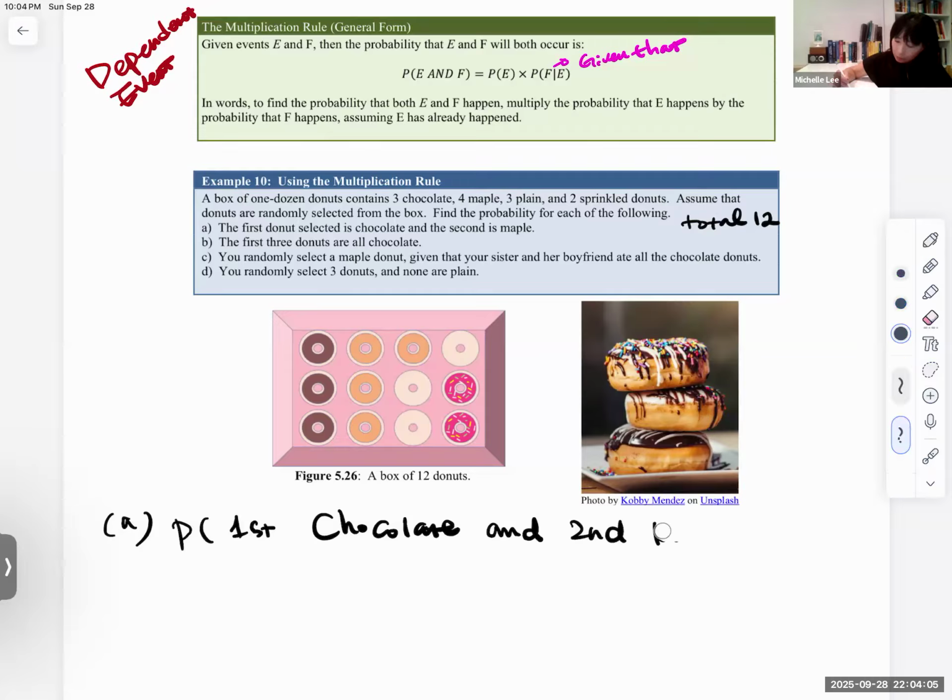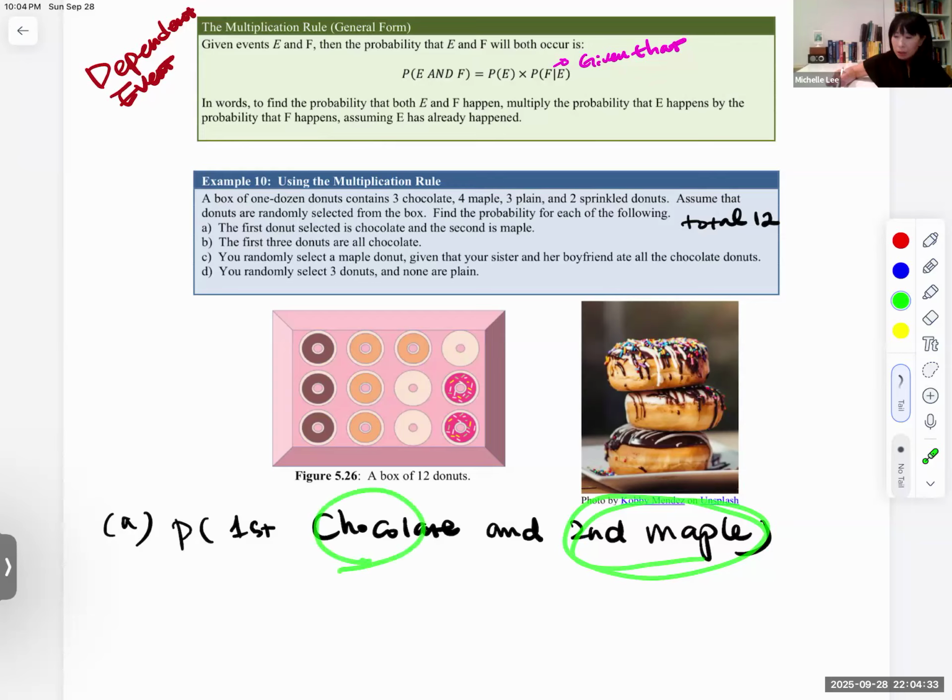So this is dependent, meaning first chocolate and second maple. When we choose the second maple, the first chocolate has already happened, right? So then we can use that formula.